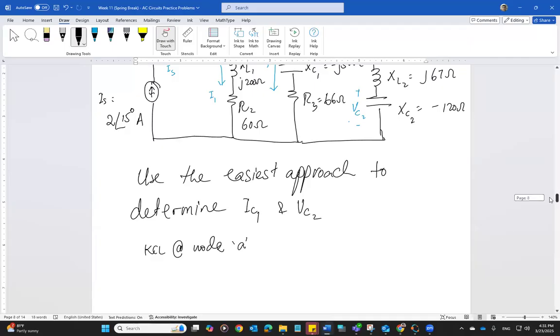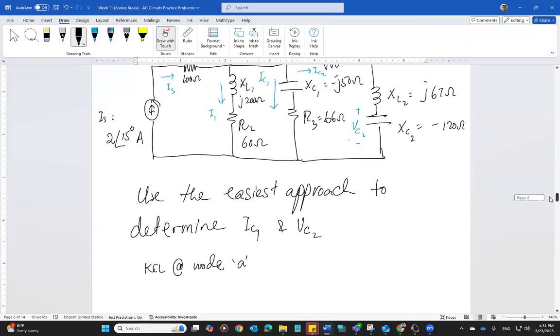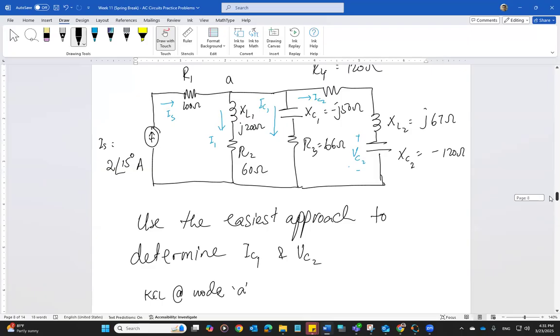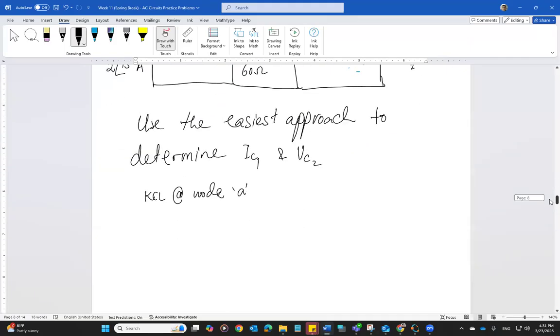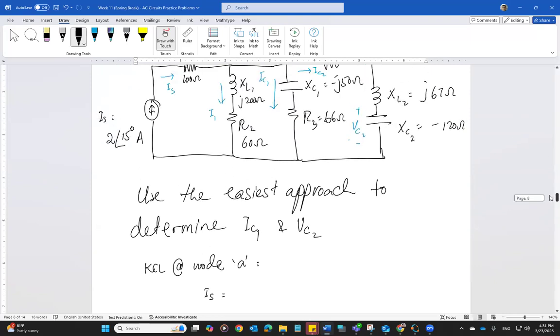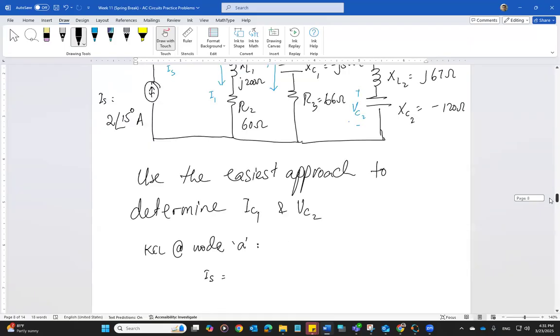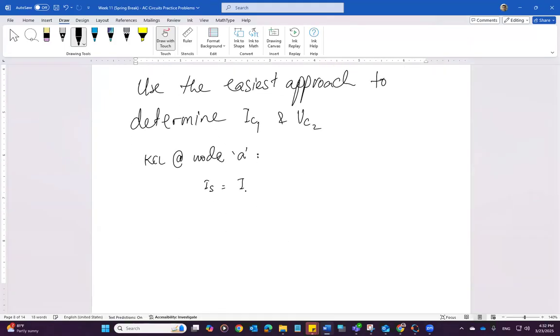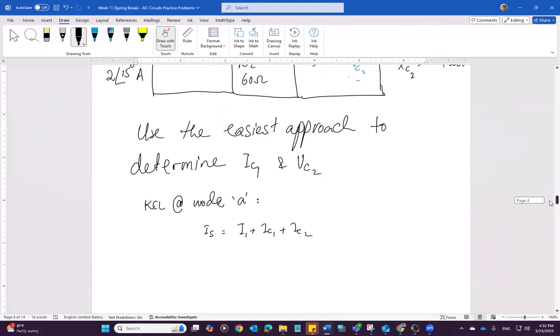Again, you can use combination of impedance, perfectly fine, and then go from there, or you can apply KCL and nodal analysis. Again, it's going to be only one equation to do node A. So KCL at node A is going to give me IS equals I1 plus IC1 plus IC2. IS equals I1, which is VA over XL1 and R2.